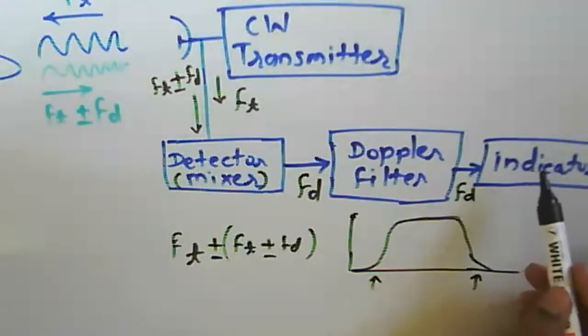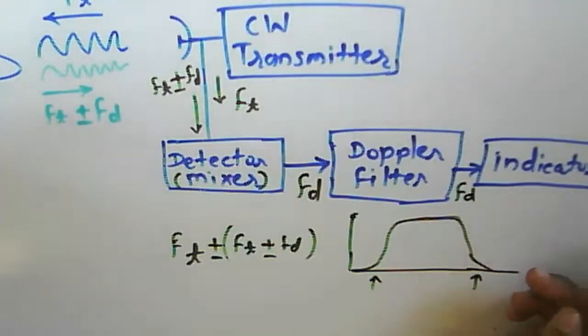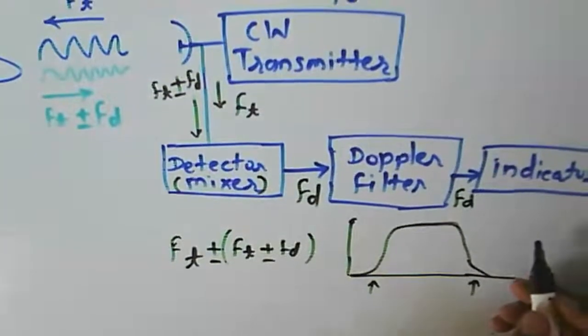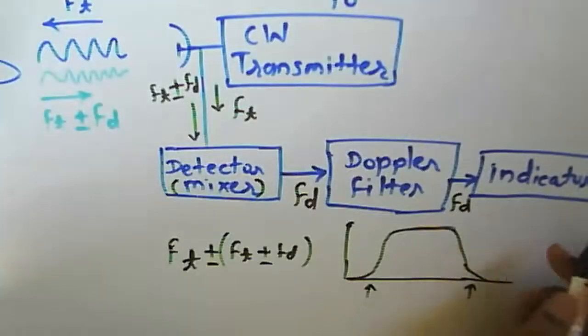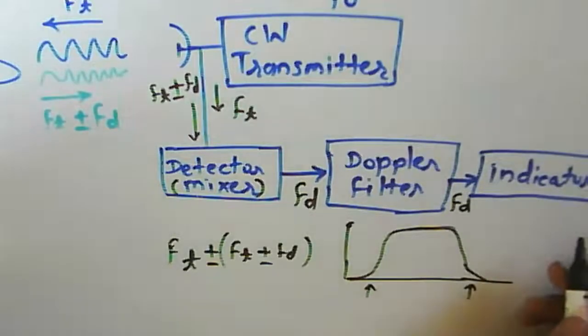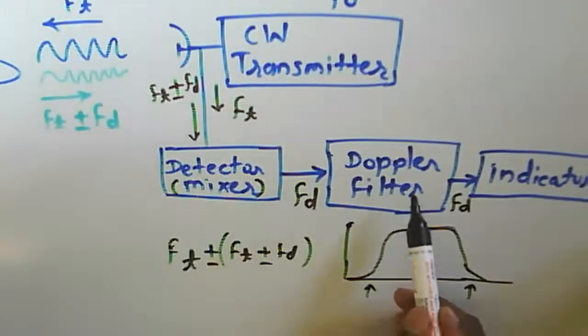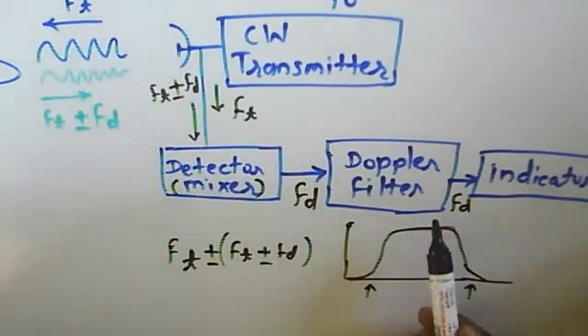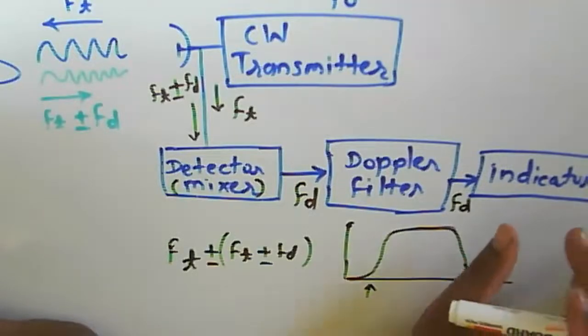Now, what are the various types of indicators used in a CW radar? It's not a display device. We use a frequency meter as the indicator, or an earphone. If we want to know the exact value of the Doppler frequency received at this CW radar, then we need a frequency meter or an earphone for that.